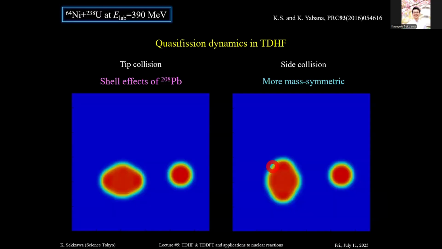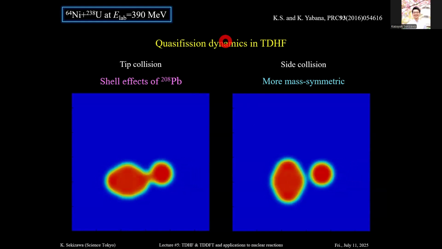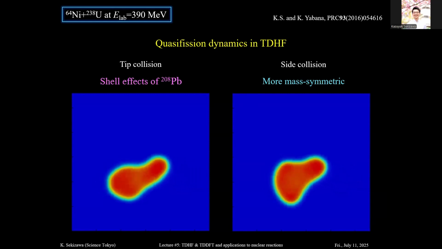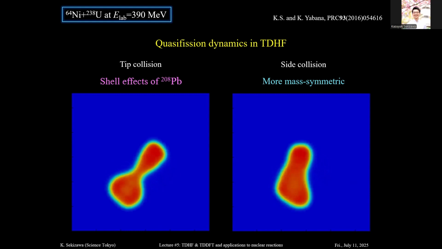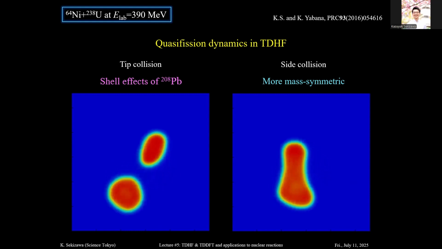And here I just show this animation. So this is a case for uranium and nickel. And if they merge, they form element 120. So this is a very heavy system. And since uranium-238 is well deformed, we should consider the orientation dependence of reaction dynamics.